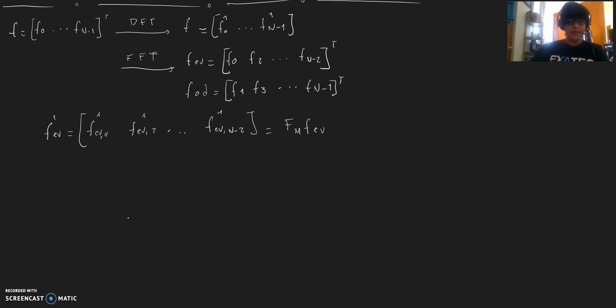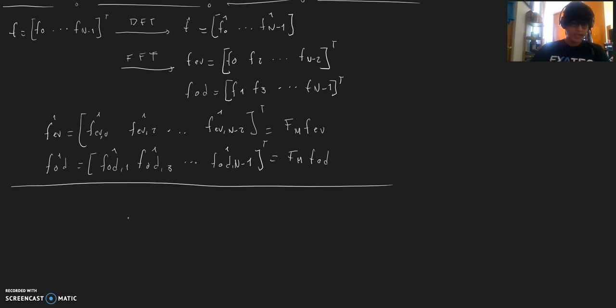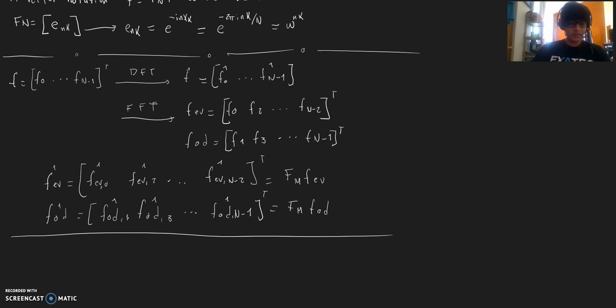That's the even parts of the original function, and something similar with the odd values. So it will be fo1, fo3, up to fo n minus 1. These are transposed, equal to Fm f. So this is actually the fast Fourier transform using the original values of the function evaluated at the specific points of the sampling.